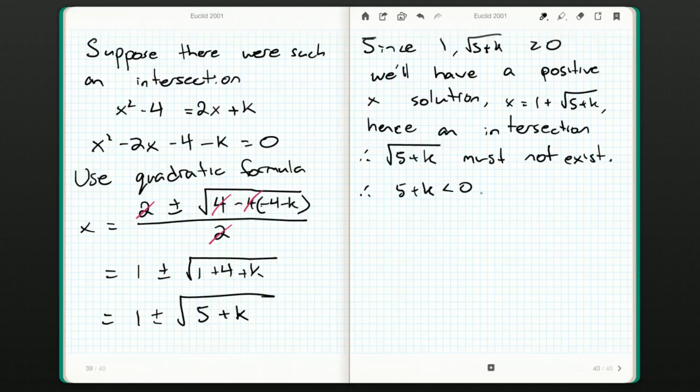That means 5 plus k must be less than 0. And rearranging that, it means k must be less than negative 5.